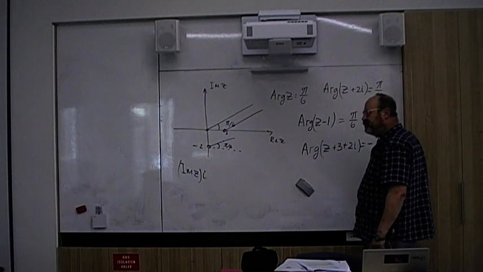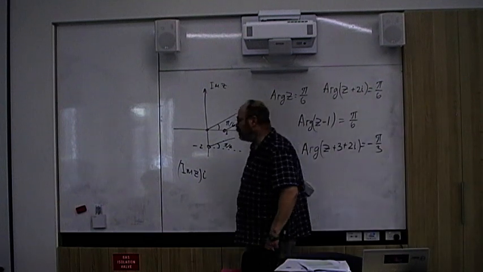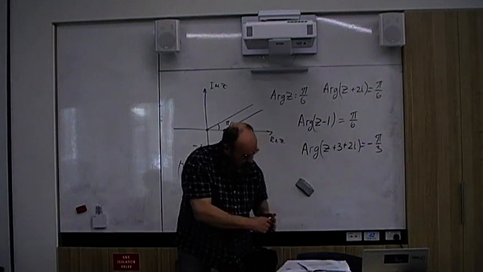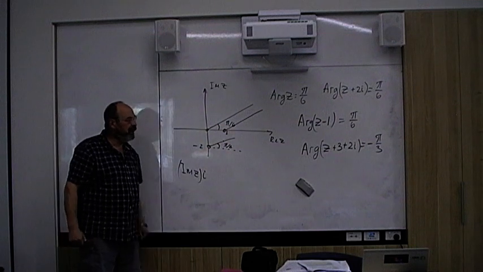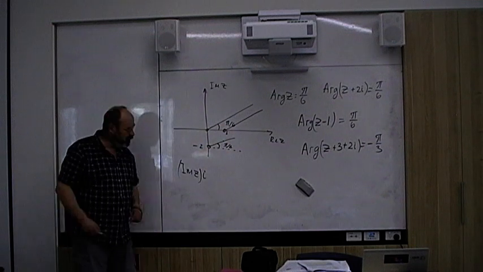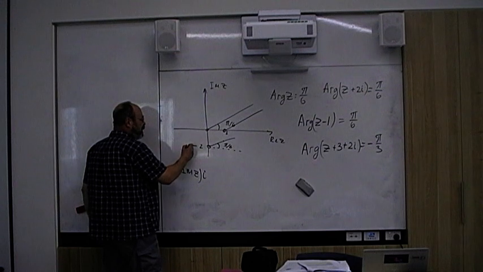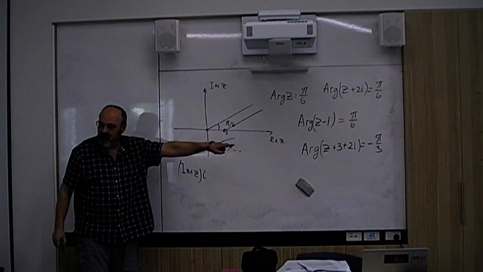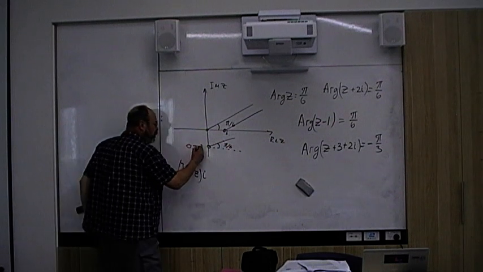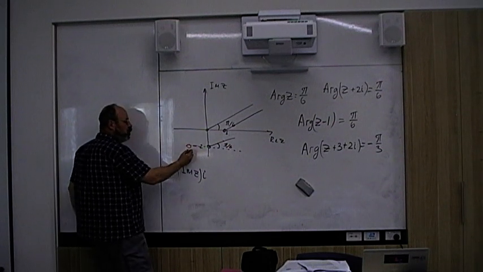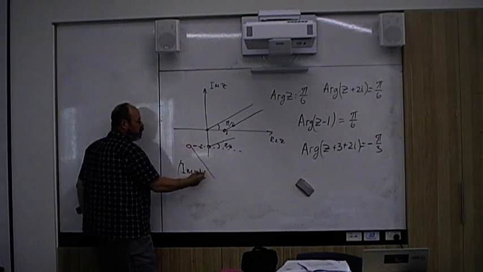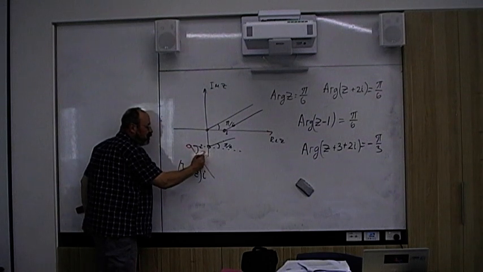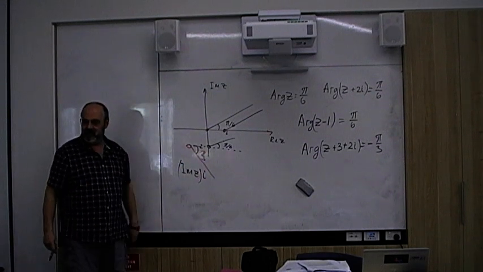So 3 left, 2 down. Where is the starting point? It's negative 3, negative 2. And what angle will it make? Negative pi on 3. So we go in the opposite direction. So that ray has an angle of pi on 3, but in the negative direction.